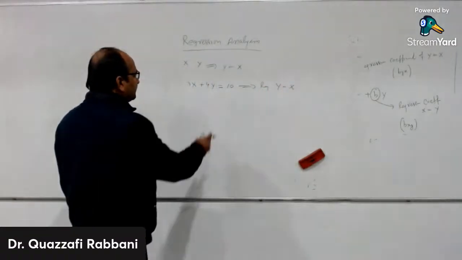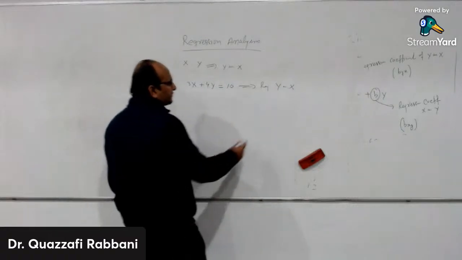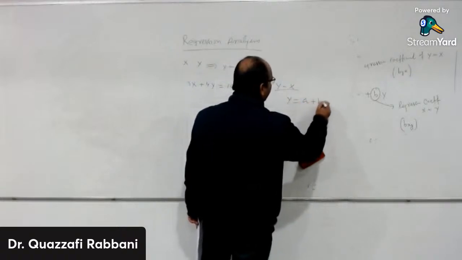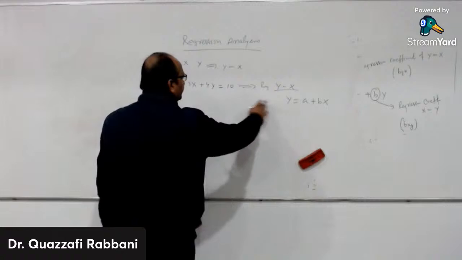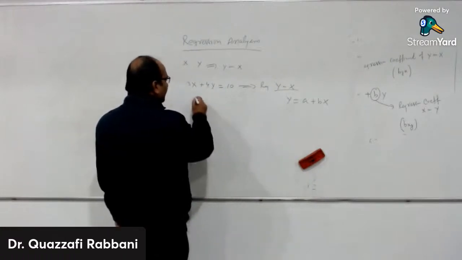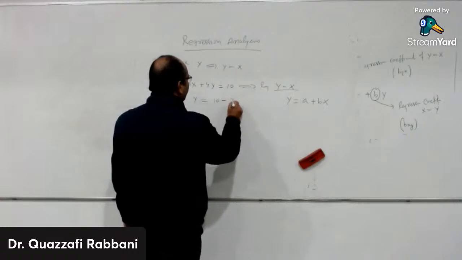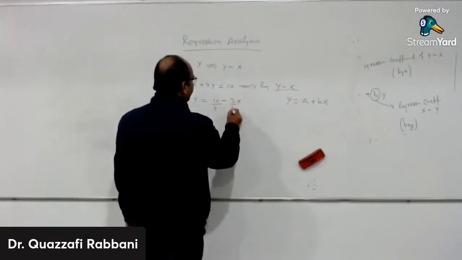So just convert it into y on x form. If y on x, then the equation will be y equal to a plus bx. So make this into this form: y is equal to 10 minus 3x, all divided by 4.